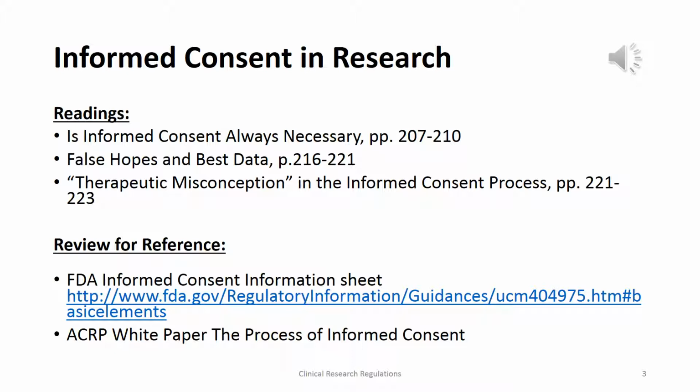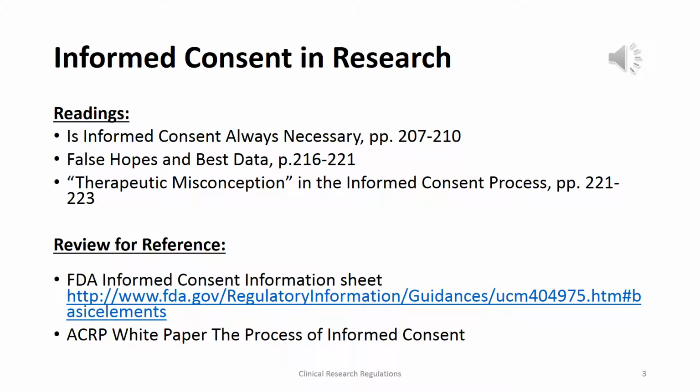Also, we'll talk about false hopes and best data, where the author is discussing therapeutic misconception and what it is. And then finally, in the article entitled Therapeutic Misconception in the Informed Consent Process, this author actually reviews the false hopes and best data article and discusses it in a little more detail. So I think these articles will be very helpful to you as you go through the exercise this week.